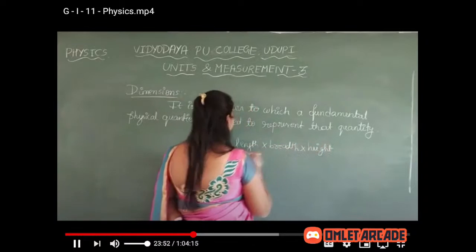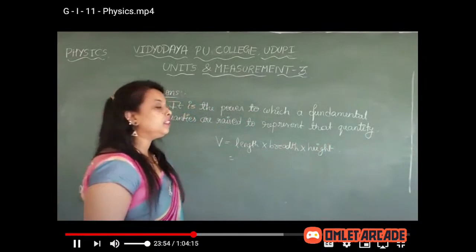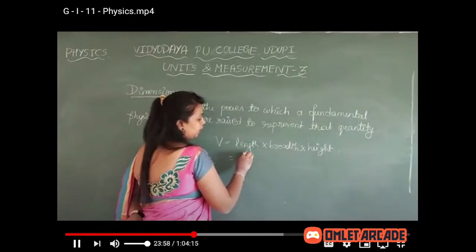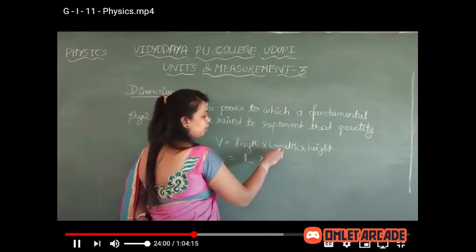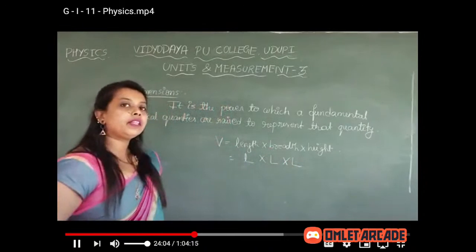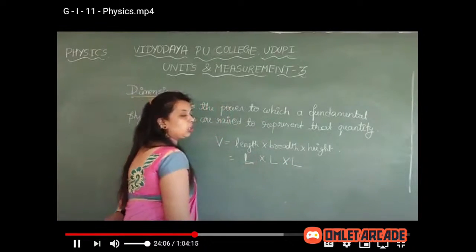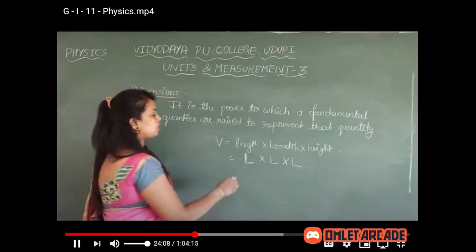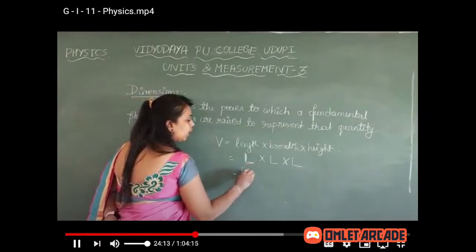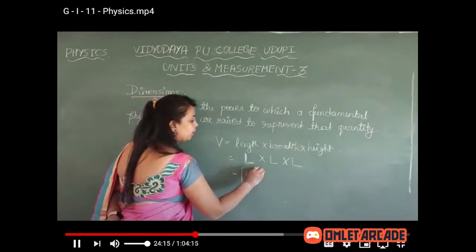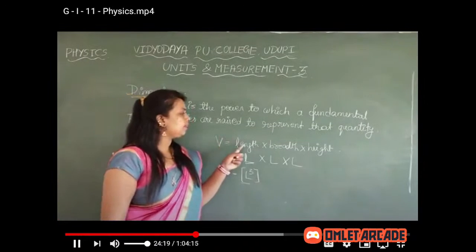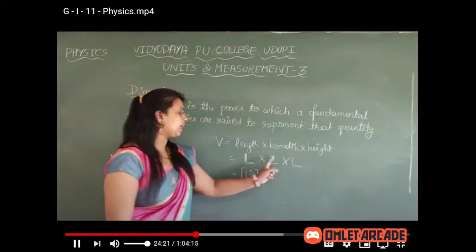In this formula you measure the length in meter, L. I write first L. This one is breadth, that is also L. This is height, also L. Everything is in meter only. So what is the total you will get? That is, inside the square bracket, L cube.